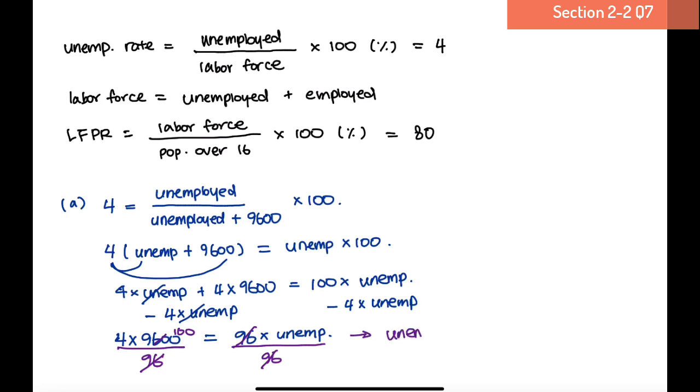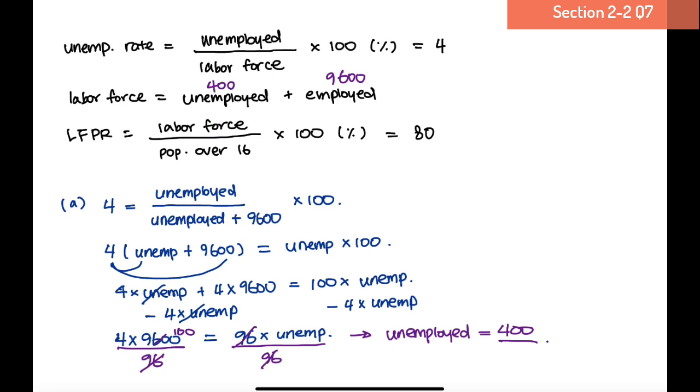And you get your number of unemployed as 400. Since the number of employed was given as 9,600, and now we have found out that the number of unemployed is 400.